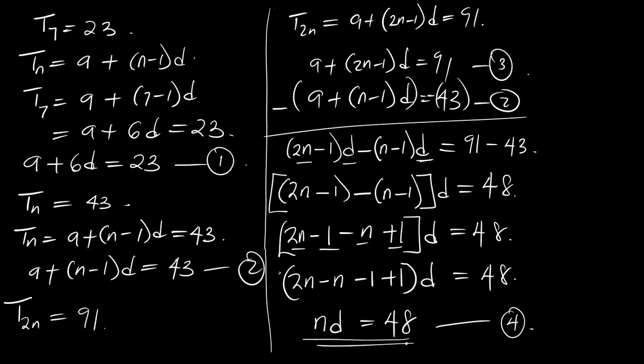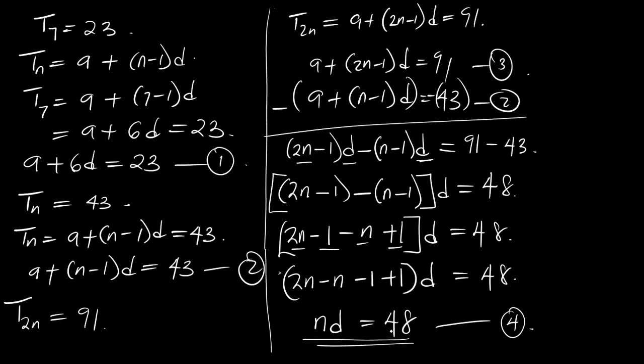48. So now what we're going to do, we're going to make use of this nd to be equal to 48 in the equations. Now we're going to apply it into equation 2 to further simplify it.